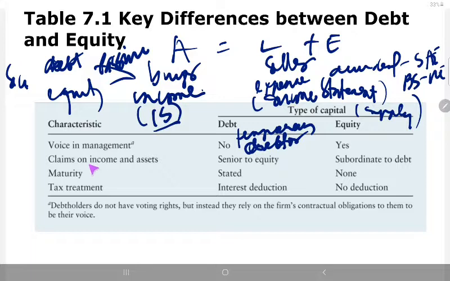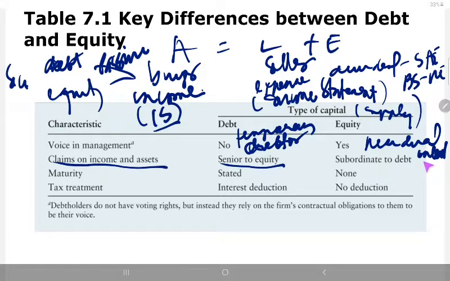Now, you see, kanina pinag-usapan natin claims on income and asset, why it is senior. Kasi whether you like it or not, you have to pay the interest. 'Di ba? Pero dito, pag wala ka, tsaka kaya tinawag itong residual. 'Di ba? Residual interest or residual owners. Kasi after mong masatisfy yung interest, that's the only time.